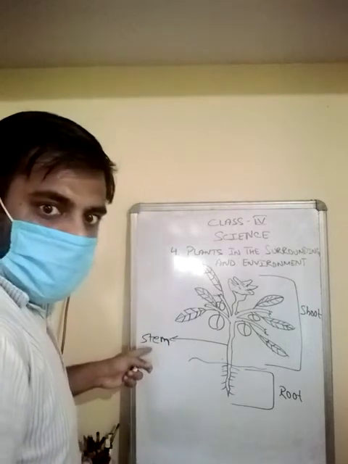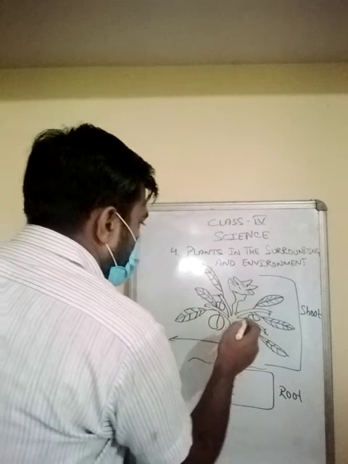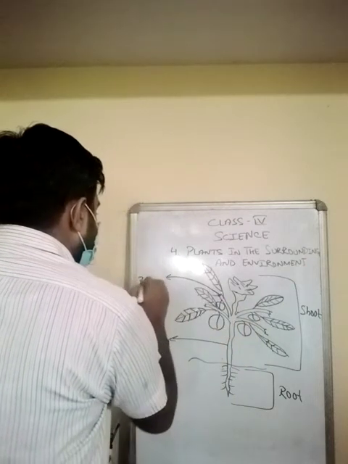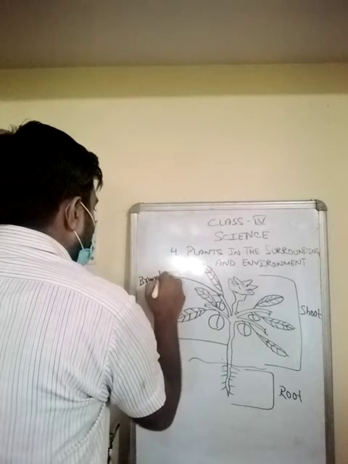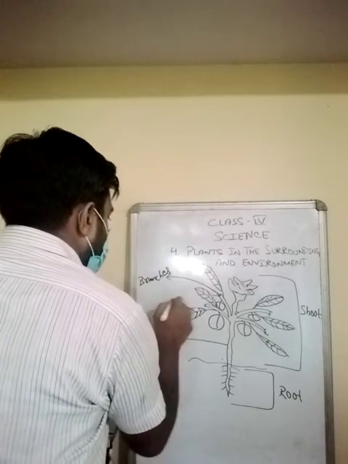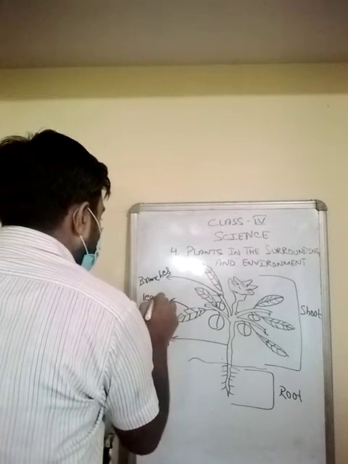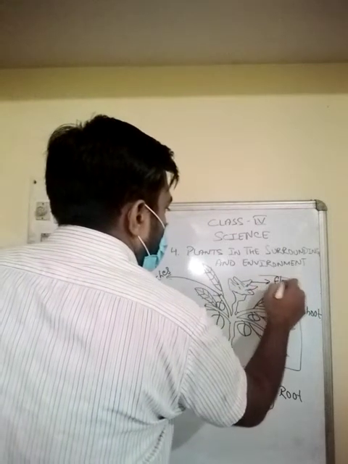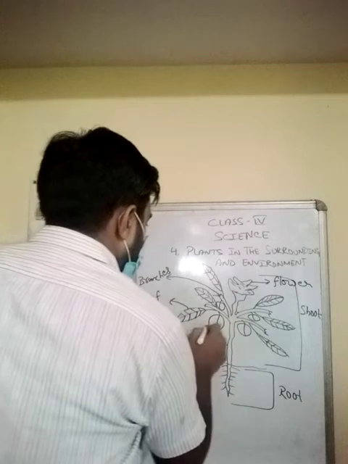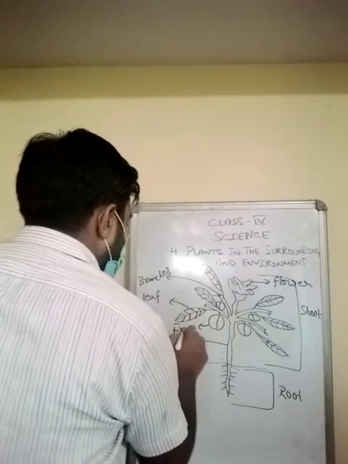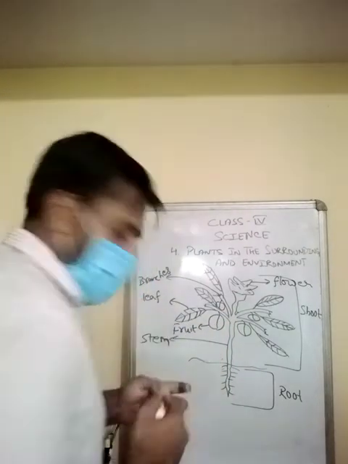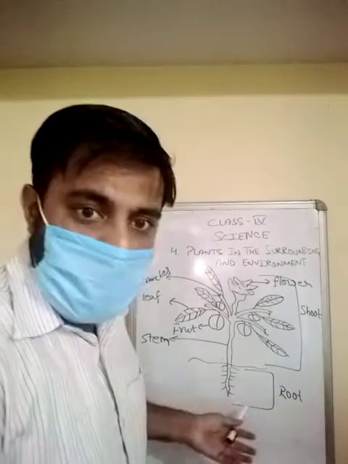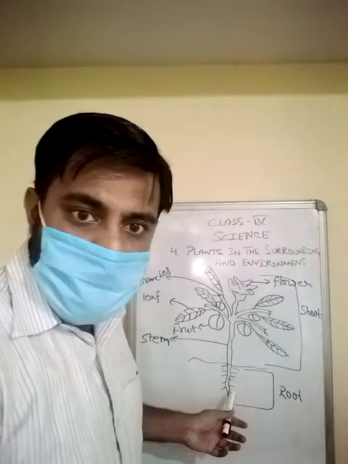Then you have branches, leaves, flower, and fruit. So you see, root part comprises only of root and root hair. Okay, these small fiber-like structures.